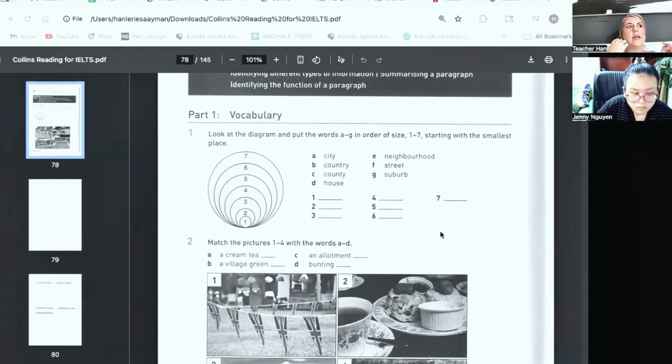A county is like, for example, there are 3 counties in one country. So it's bigger than a neighborhood and a suburb, but it is smaller than a country, because a country is very big. Like Russia is a country, Asia is a continent. Any questions so far, Jenny?